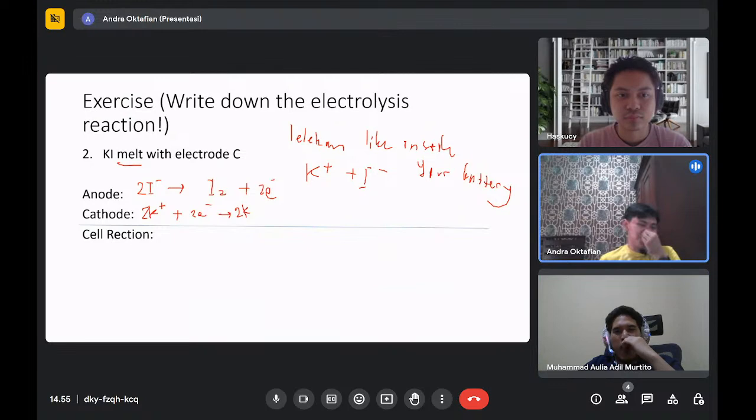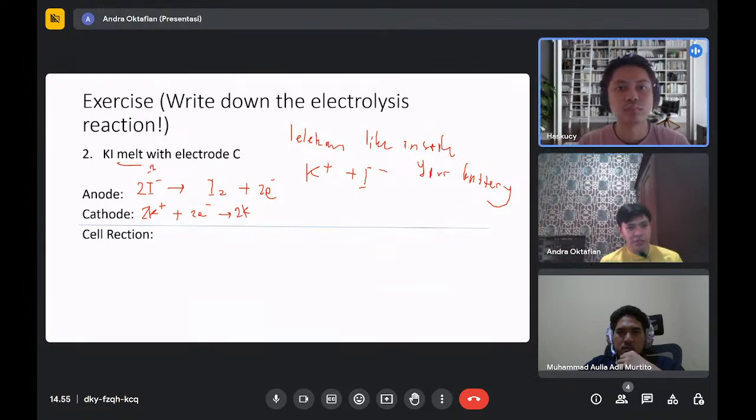So you see that the anode is 2I minus, and it turns into diatomic I2 plus 2e. The 2e here compensates for the oxidation number, because here the oxidation number is minus 2 and here it's 0.